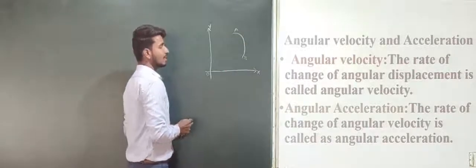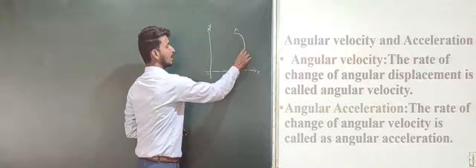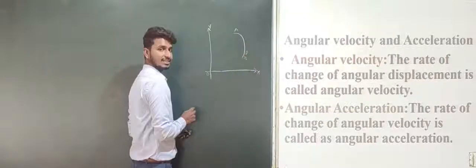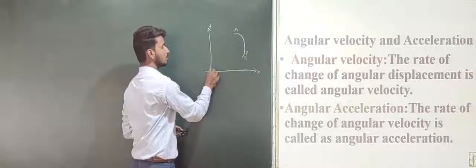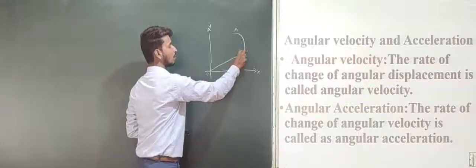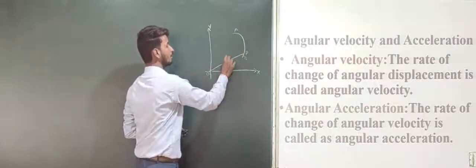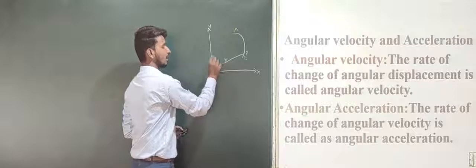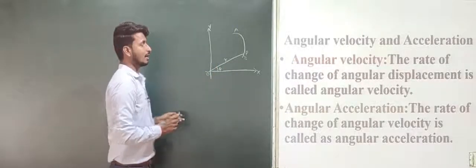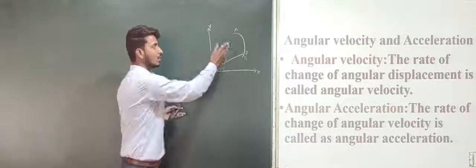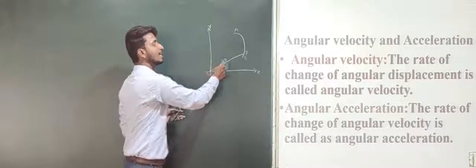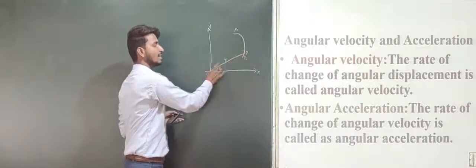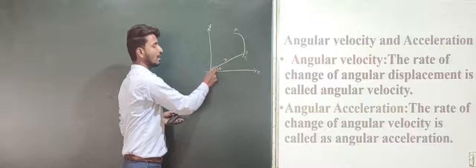The particle reaches a point P after some time T and travels a distance R to reach the point P and makes an angle theta. Here the particle is moving in a plane curve. After some time T, it reaches the point P by traveling the distance R and making an angle theta.